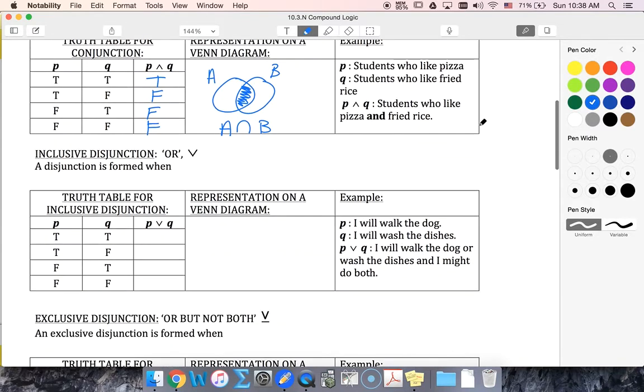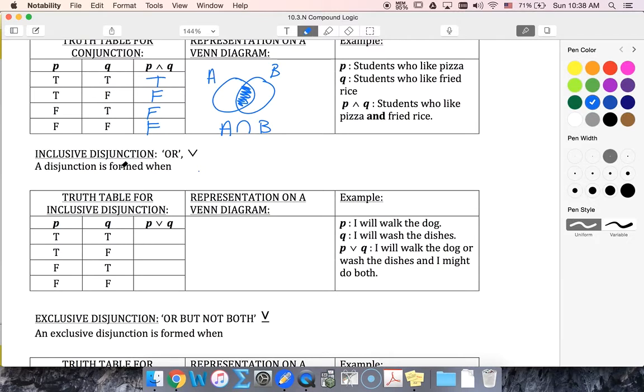All right, inclusive disjunction is the word or, and the word or here can mean that we like one or the other or both.